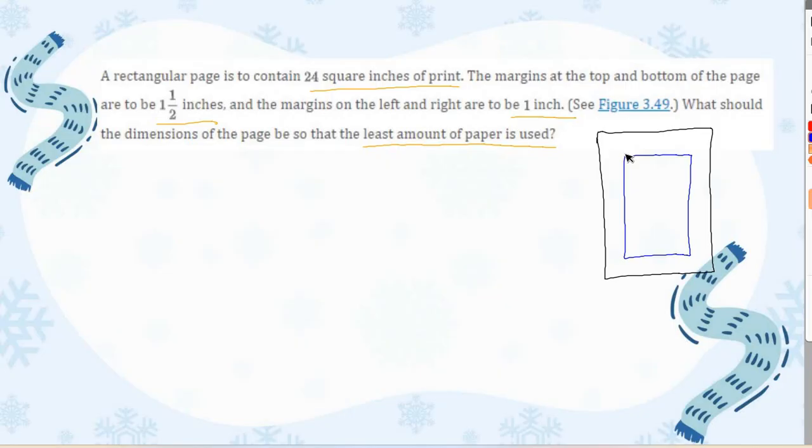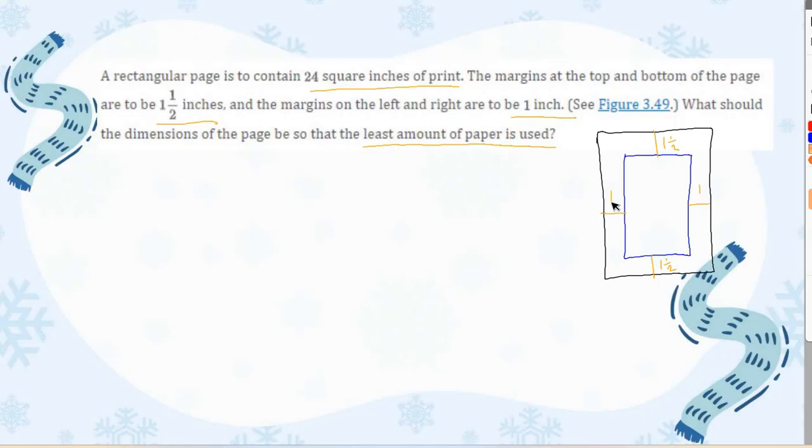And what do we know about our margins? The ones on the top and bottom are 1 and 1/2 inches, okay, and on the sides they're 1 inch. Do we know anything else? From the beginning.